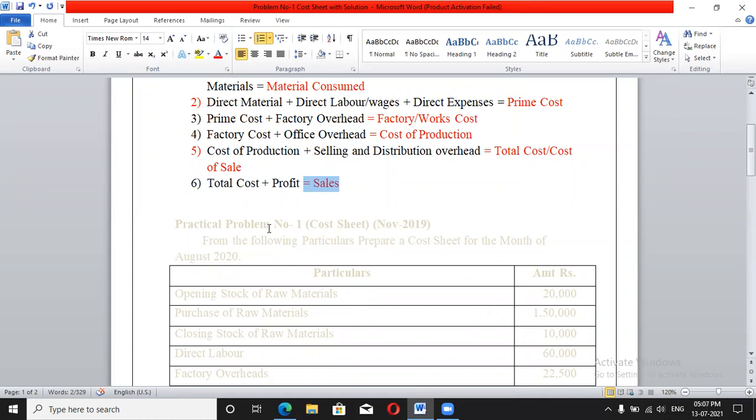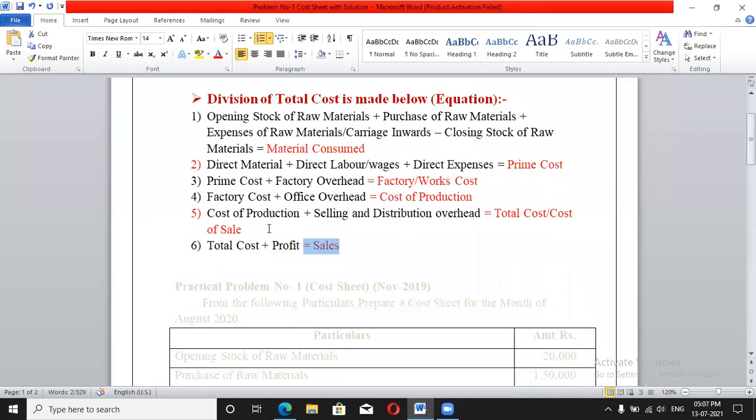This is the sixth equation, which is very important for your MCQ type exam. You have to know all such equations for your MCQ exam, and you have to put these equations in your notebook. This is all about the equations.